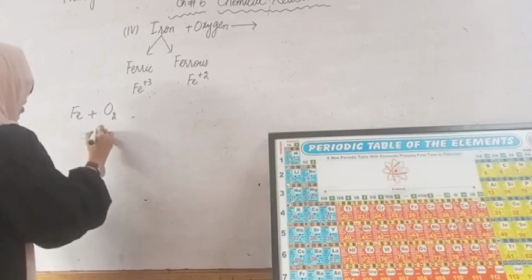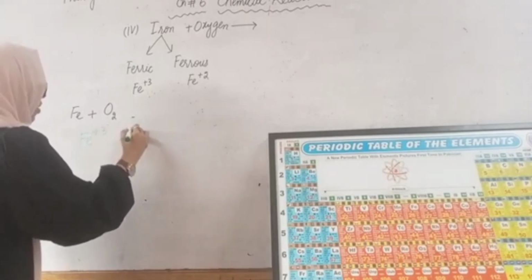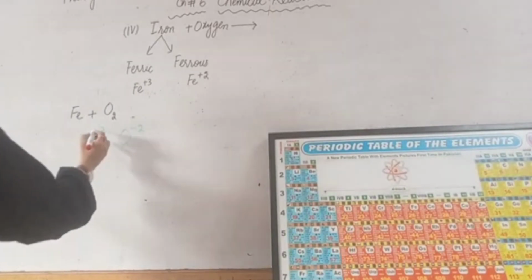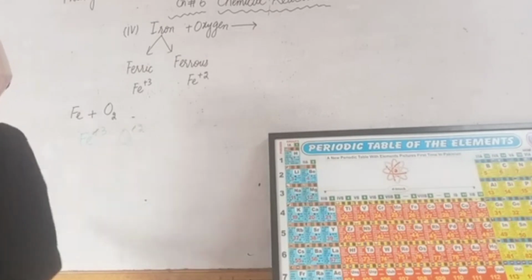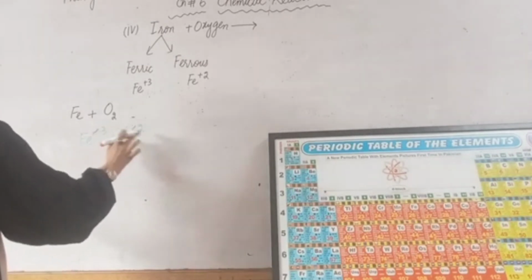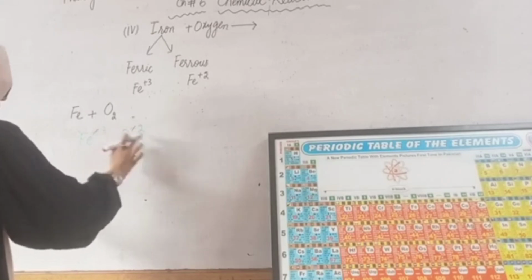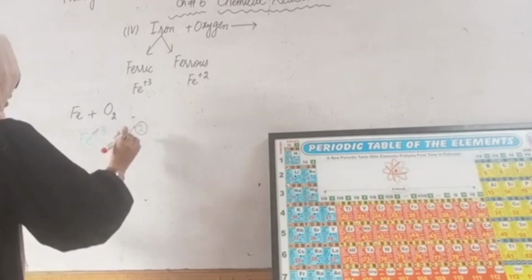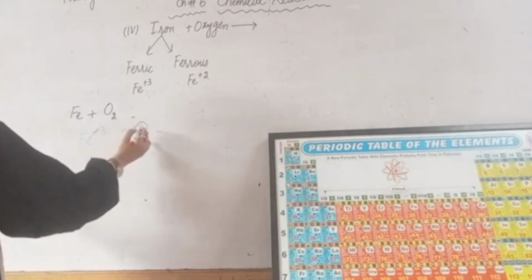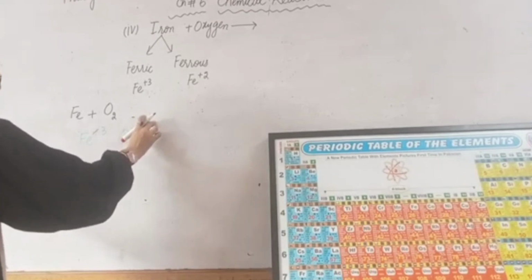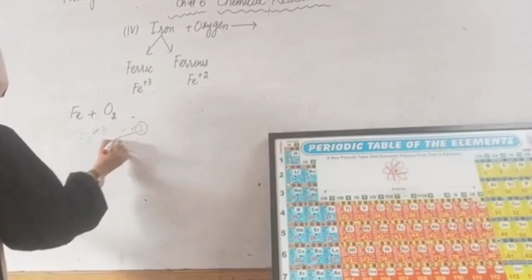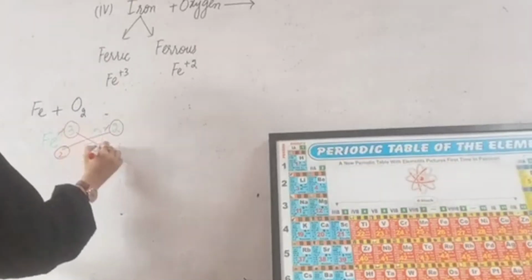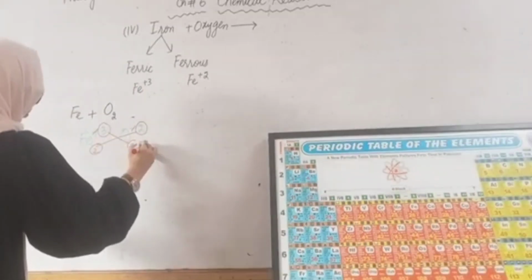Fe has charge plus 3 and O has charge minus 2. Opposite signs will be cut with each other, and you know that these are not the same number. So we will write these digits, one on top and the other on the bottom. 2 will move towards this bottom and 3 will move towards the other bottom.